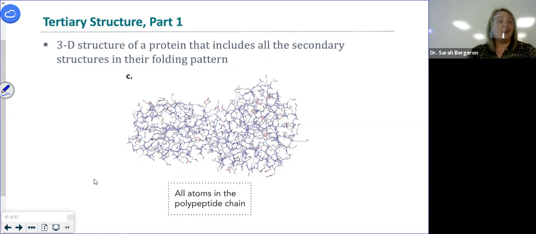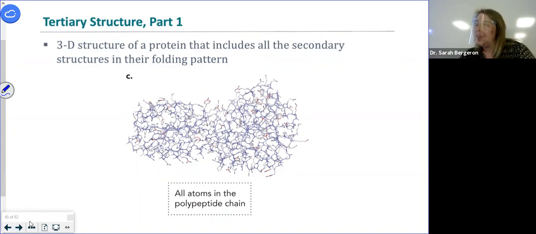Okay, so our tertiary structure is all of the atoms that are involved in one polypeptide chain. So it kind of looks like a mess, right? It really is very tightly packed, but we're looking at every single atom. Now, when you look at every single atom, we took a snapshot of this protein. What's really important to remember is that proteins are always kind of moving. They have lots of flexibility in those phi and psi bonds, right?